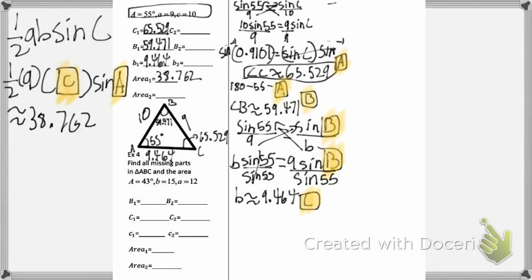Now, let's try to find the second triangle. So let's create a line here, here, and then here. Okay. Oops, I wasn't supposed to do that.